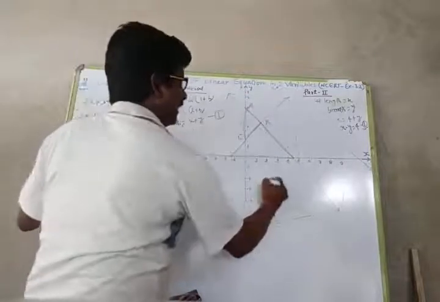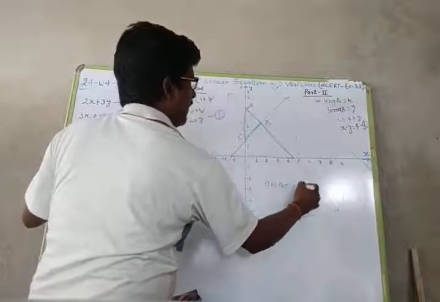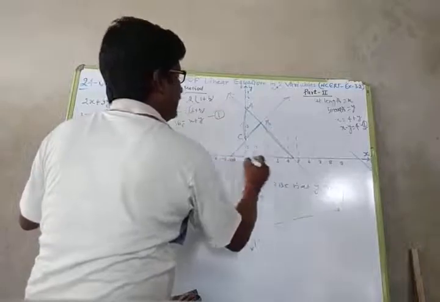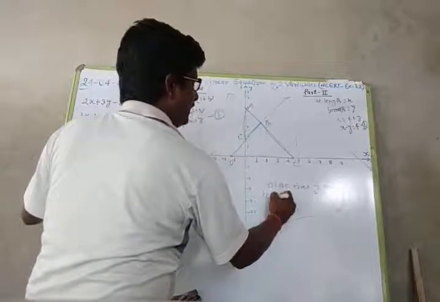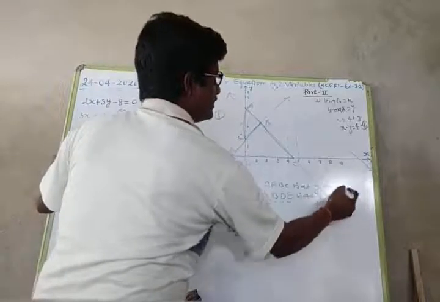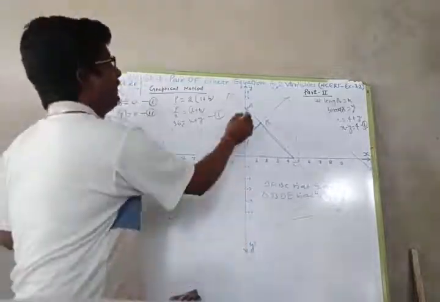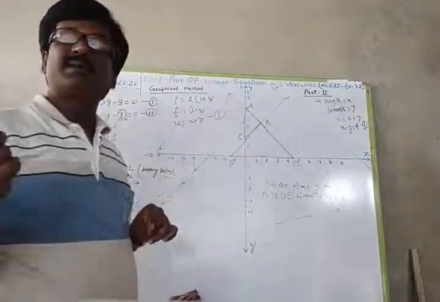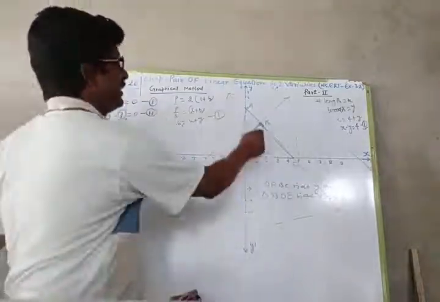The triangle ABC is at the y-axis, and triangle BDE is at the x-axis. So when the question is about the y-axis, simply shade this region.